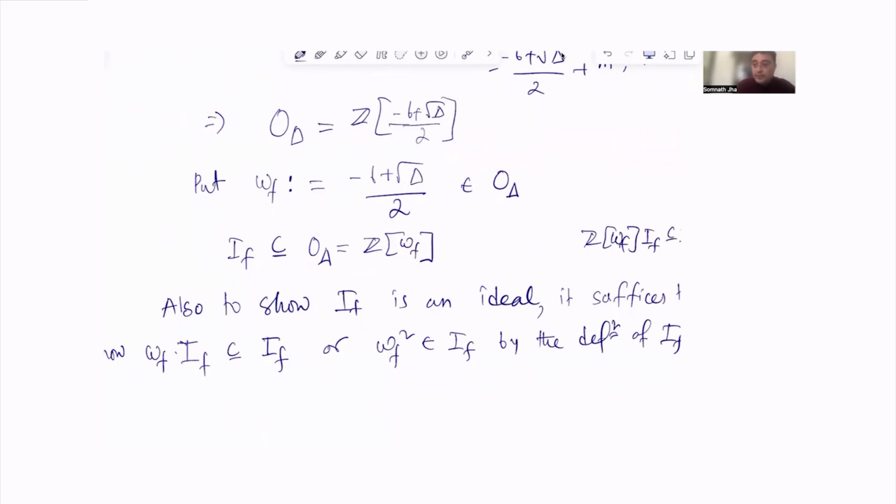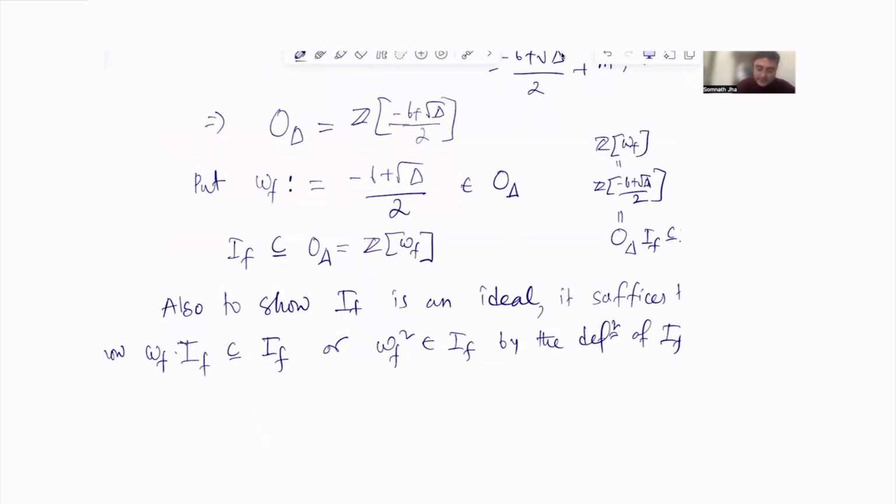It's already an abelian group because it's a Z linear combination of two elements. And because this is your ring of integers, you have to actually show that O delta times this is contained inside this. So you have to show Z omega f times I_f is contained inside I_f.